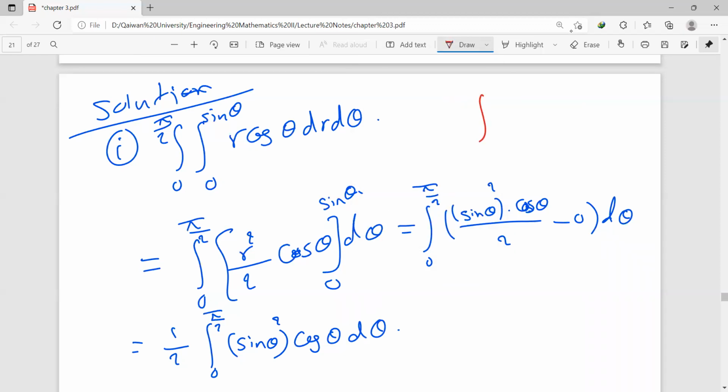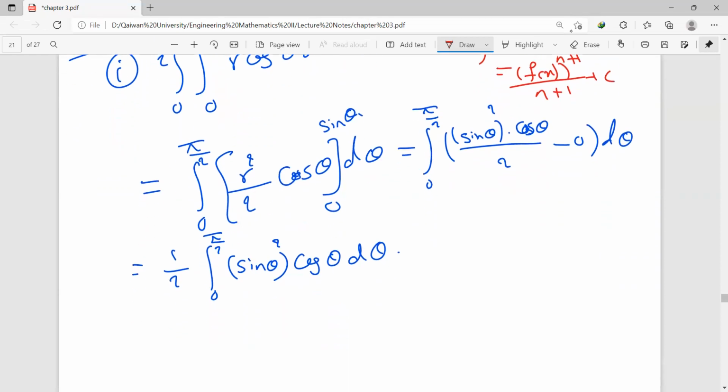If we have the integration of f of x to the power n times f prime of x dx, it equals f of x to the n plus 1 divided by n plus 1, plus c. We just add 1 to the exponent and divide by the new exponent. And here you have the same.